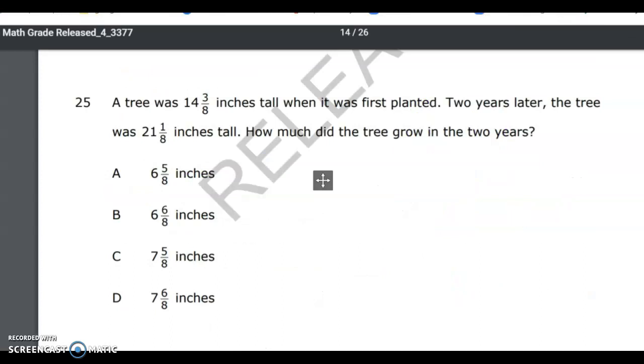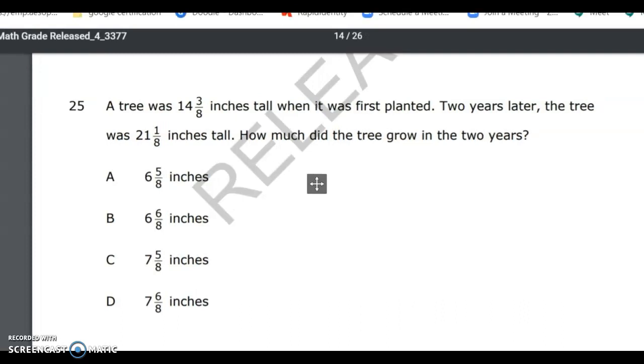Okay, so we're moving on to problem number 25, and with problem number 25, we're going to read it and then do our cubes on it. A tree was 14 3/8 inches tall when it was first planted. 2 years later, the tree was 21 1/8 inches tall. How much did the tree grow in 2 years?